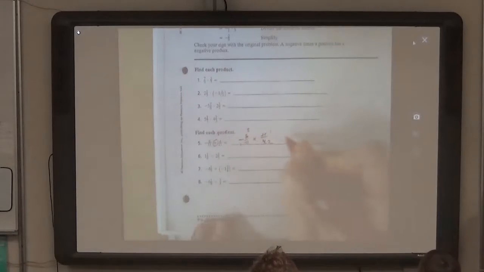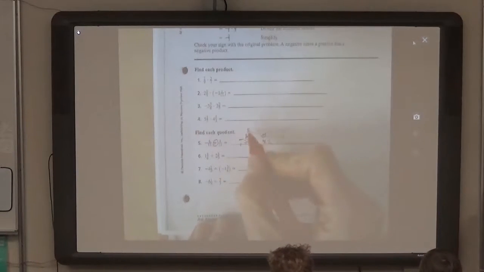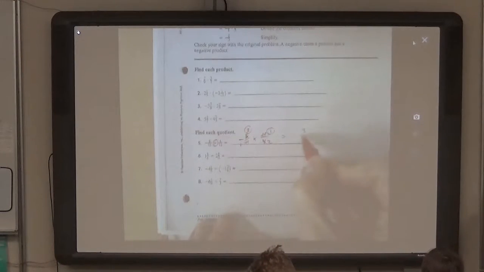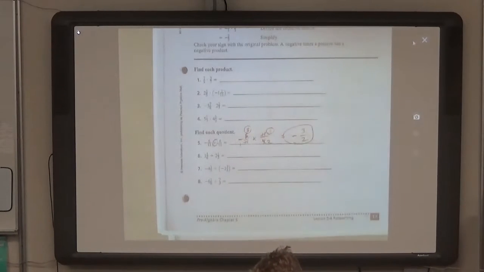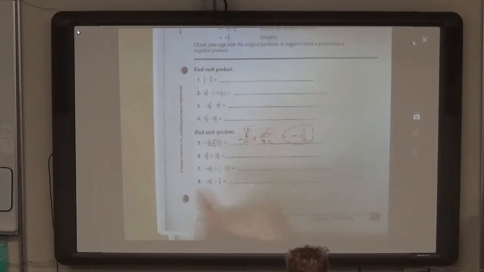And then multiply. 3 times 1 is 3. 1 times 2 is 2. And it's negative. Do number 7, I mean.